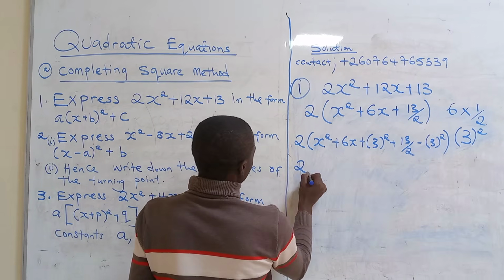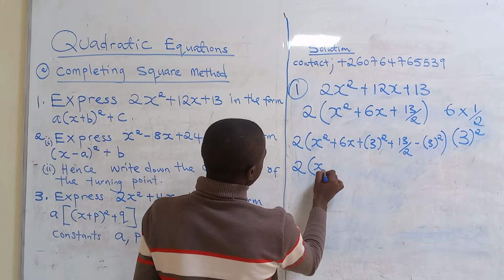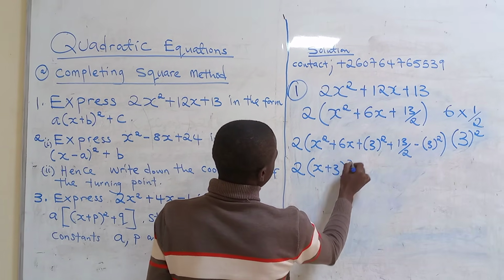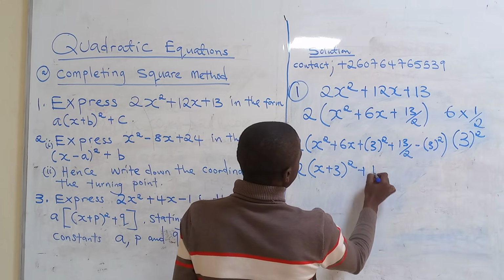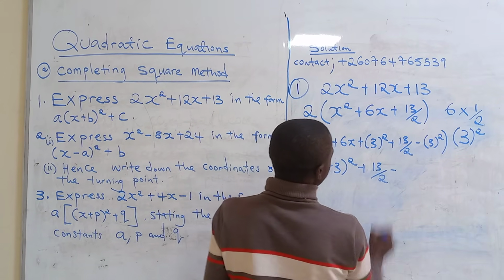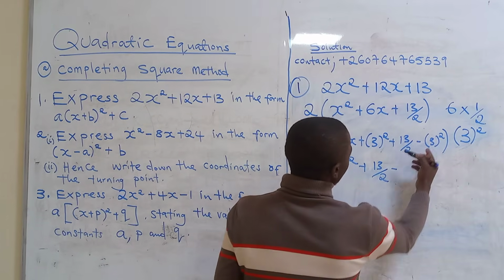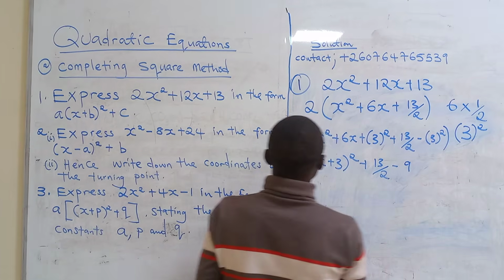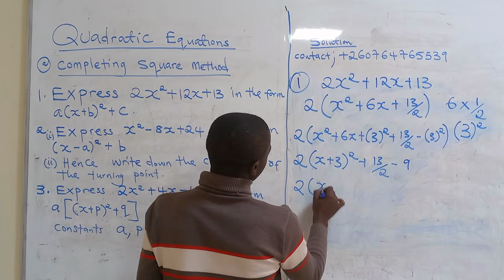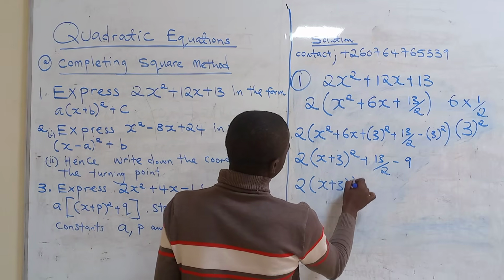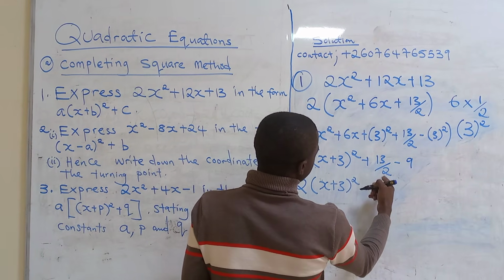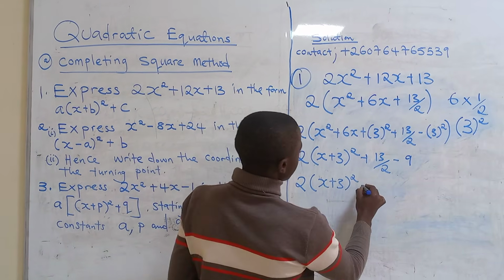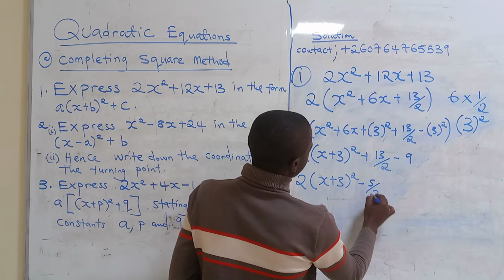So that is 2 open brackets x plus 3 squared plus 13 over 2 minus, now I have to simplify that. 3 to the power 2 is just 9. So that is 2 open brackets x plus 3 squared, and simplifying this, negative 18 plus 13, negative 5 over 2.